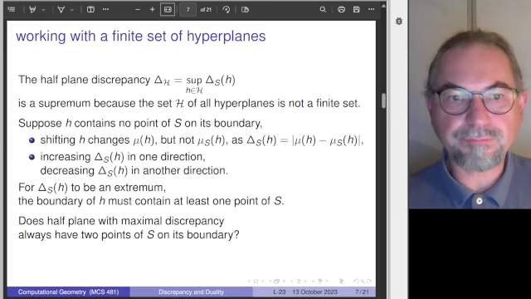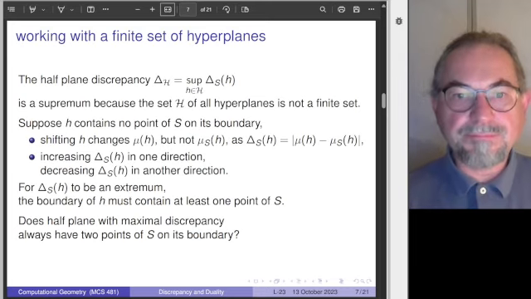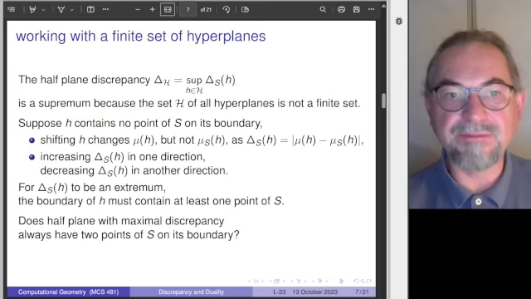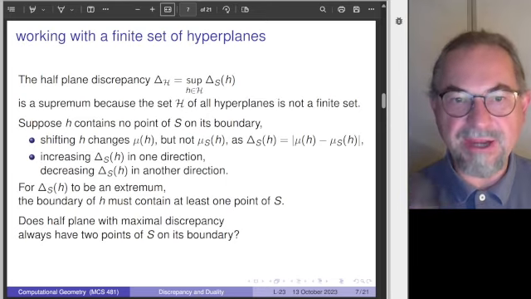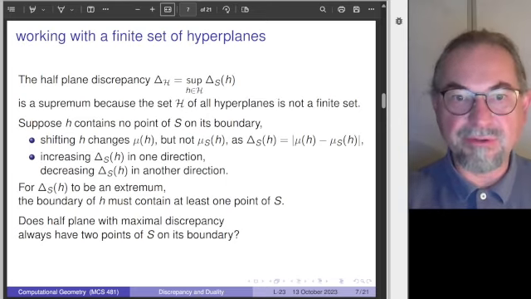So, the main observation that I made already is that if you shift the half plane, as long as you don't shift the sample estimate, then the discrepancy only decreases.